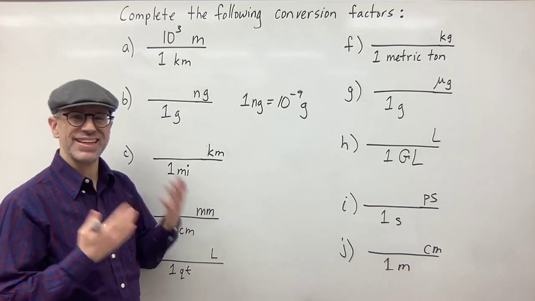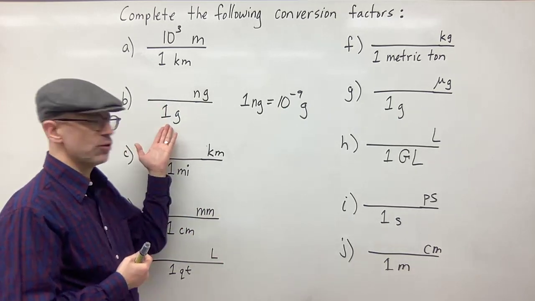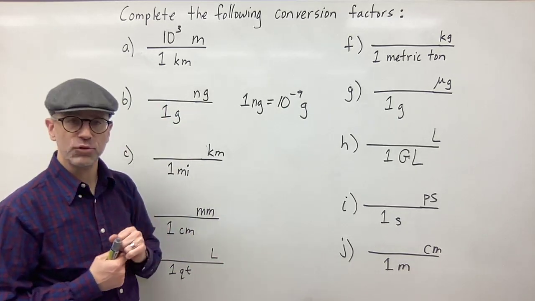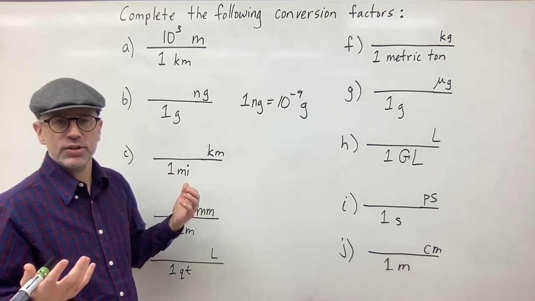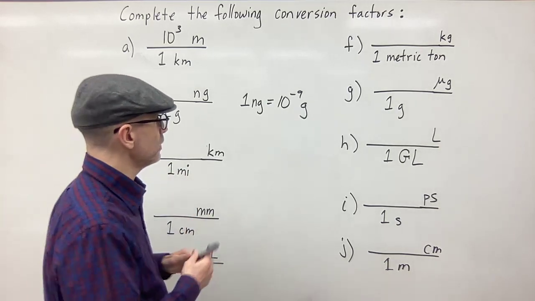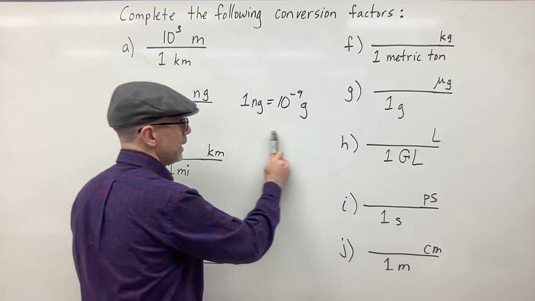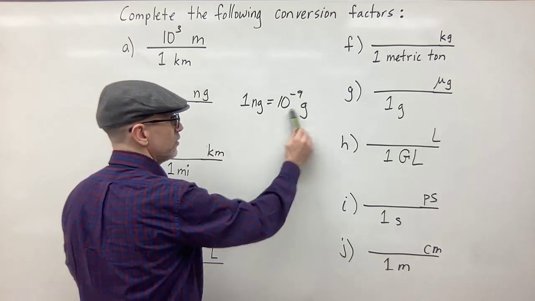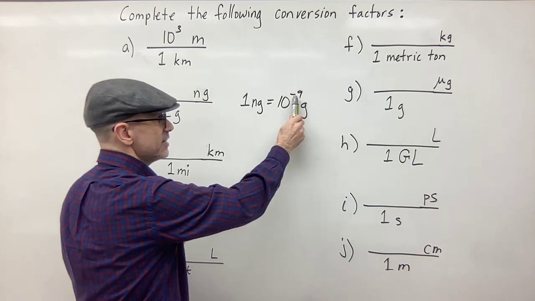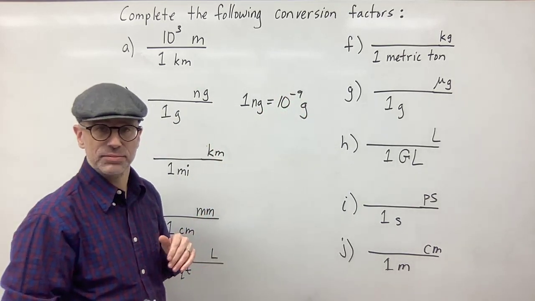But in this case, I didn't get to choose. They chose for me. So they put the 1 with the base unit. So how do you figure this out? Well, if you put the 1 with the base unit, then this is going to have to go to the other side, except you need to change the sign.